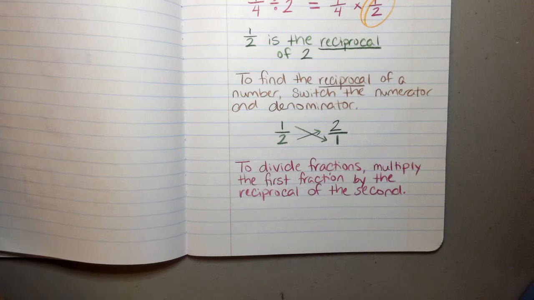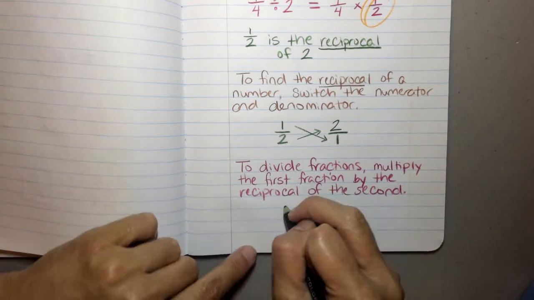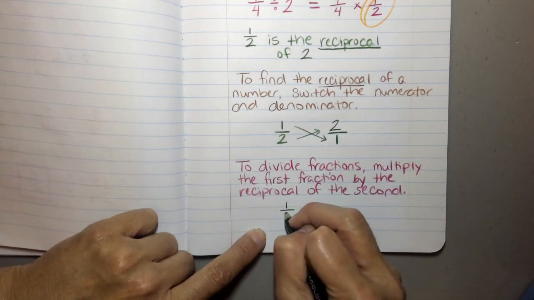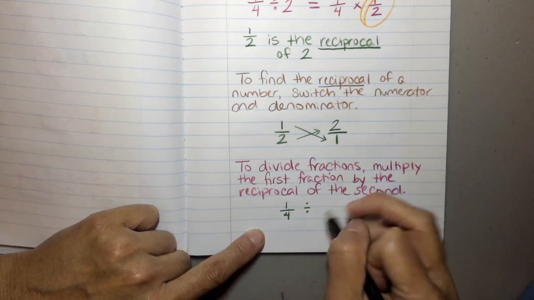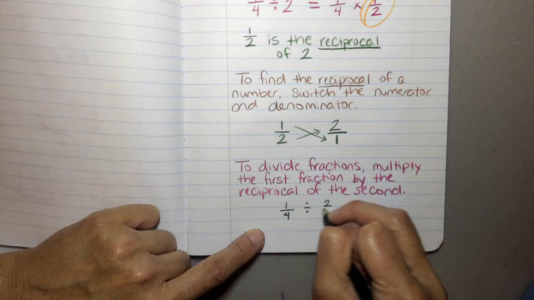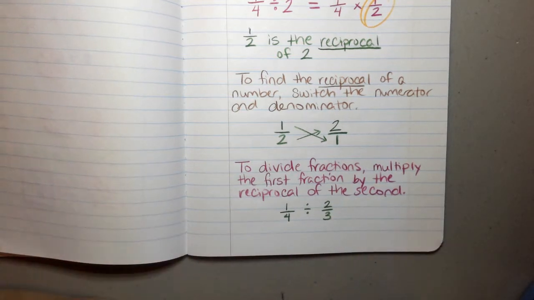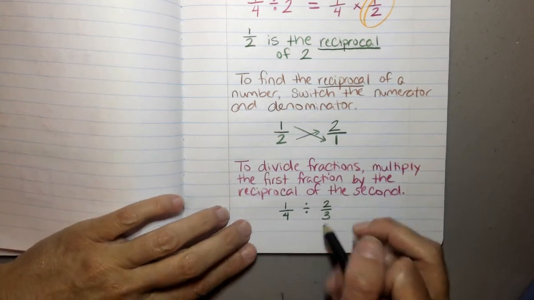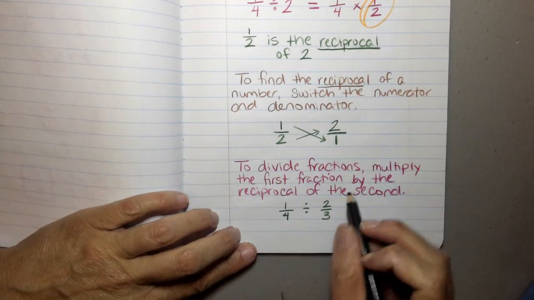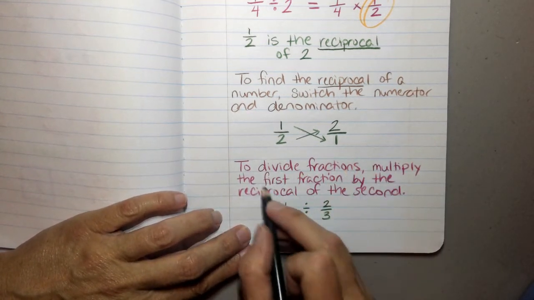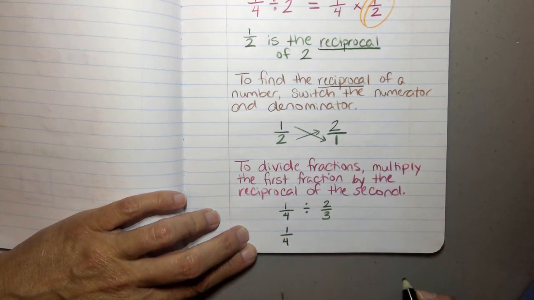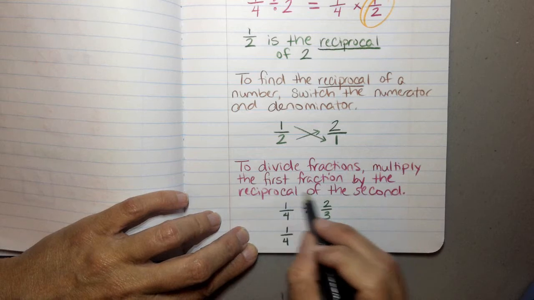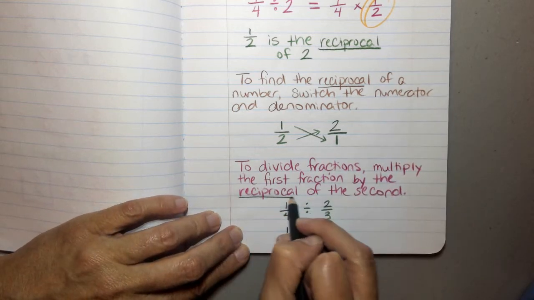Let's say I have 1/4 divided by 2/3. Okay, 1/4 divided by 2/3. To divide fractions, multiply the first fraction, the 1/4, by the reciprocal of the second.